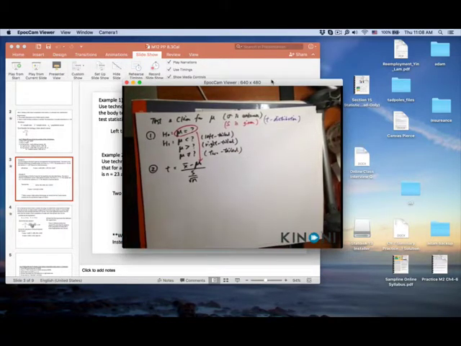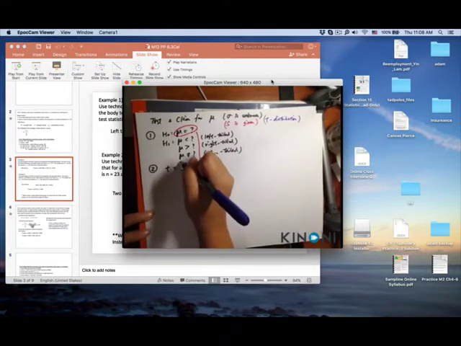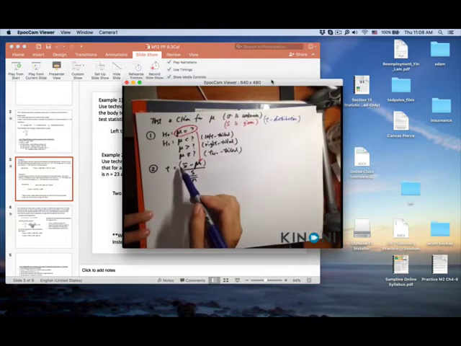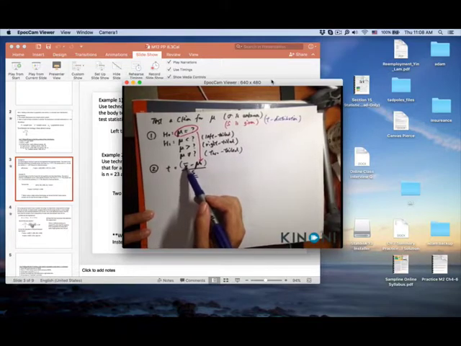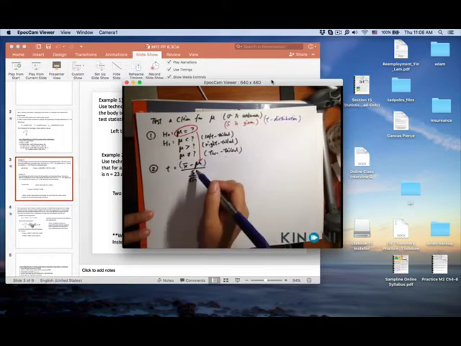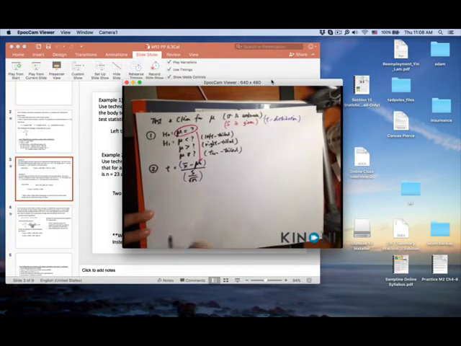Also, when you use your calculator, make sure you put in the parentheses: sample mean minus population mean, divided by, and another parenthesis. So this is going to be your step 2.